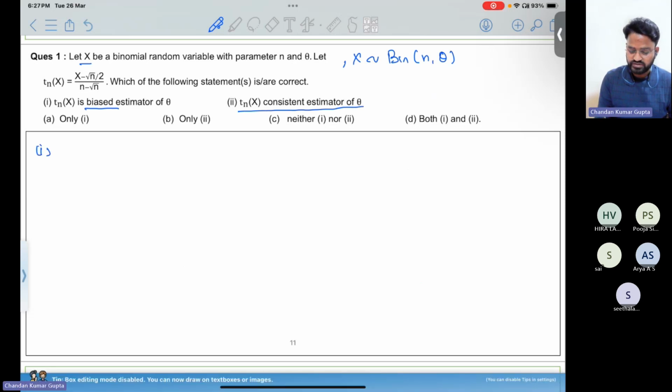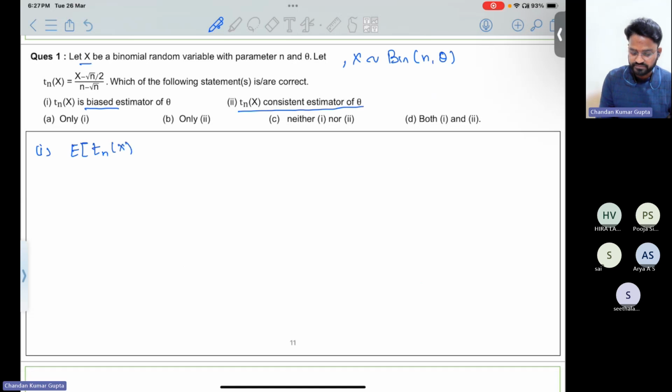For a biased estimator, expectation of Tn is not equal to theta. We need to show this. If it is biased, then we get this.